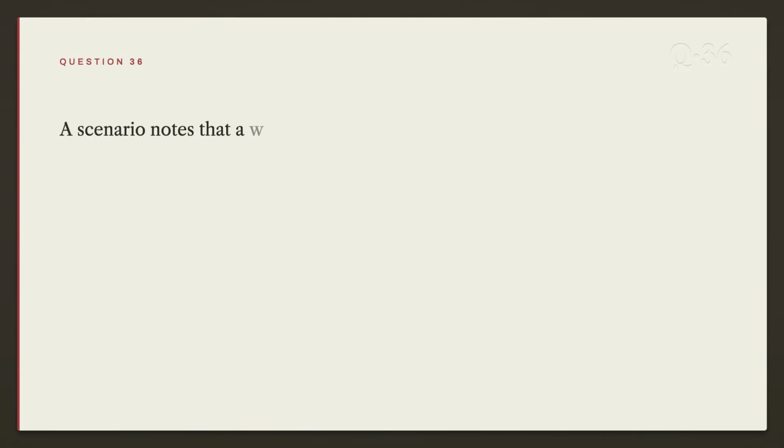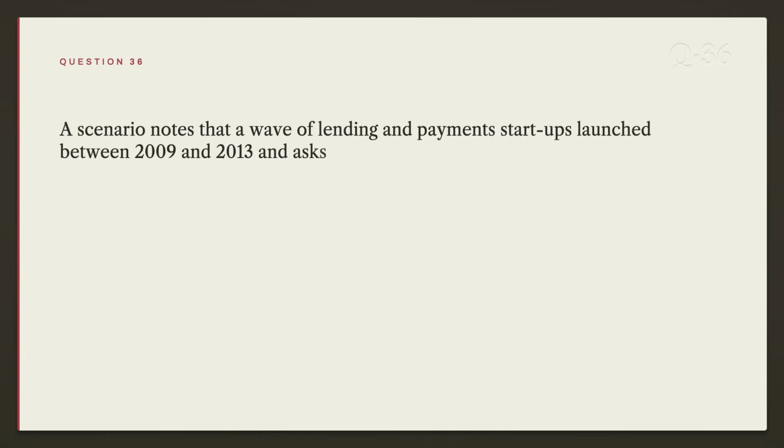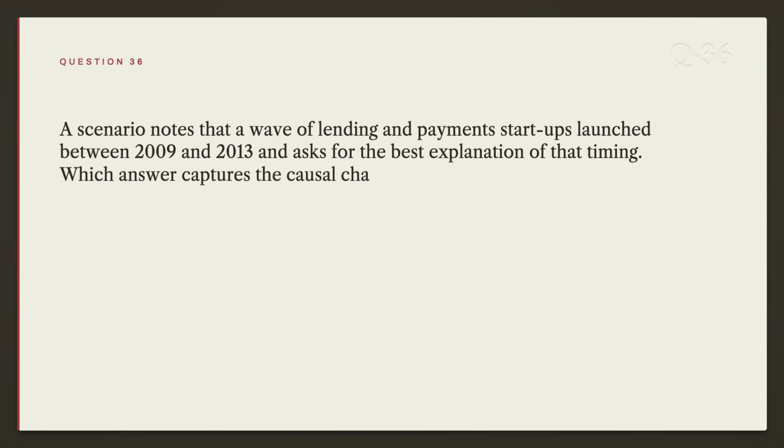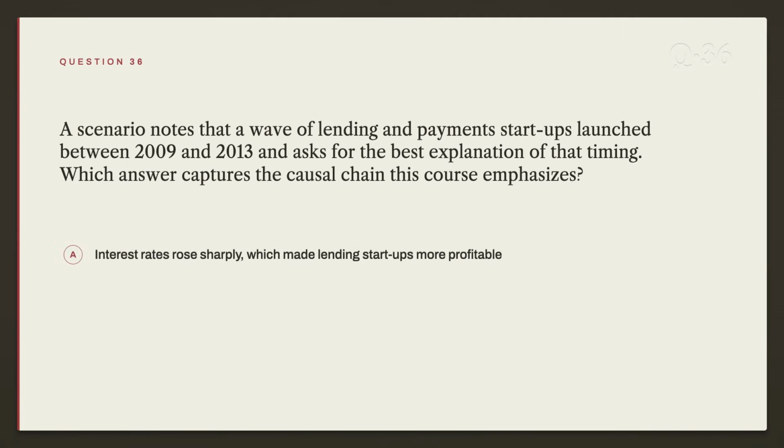Question 36. A scenario notes that a wave of lending and payment startups launched between 2009 and 2013 and asks for the best explanation of that timing. Which answer captures the causal chain this course emphasizes? Your options are: A. Interest rates rose sharply, which made lending startups more profitable.